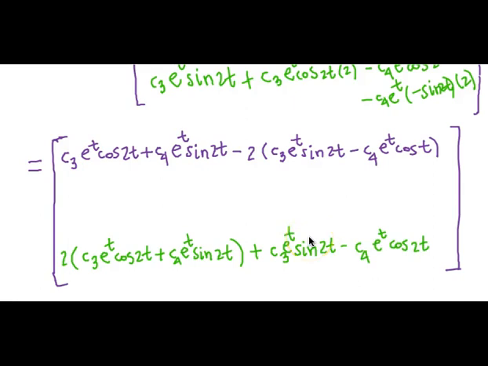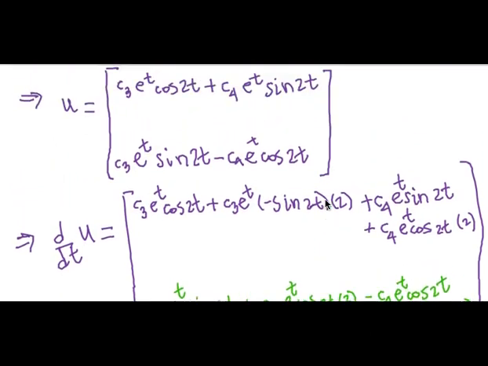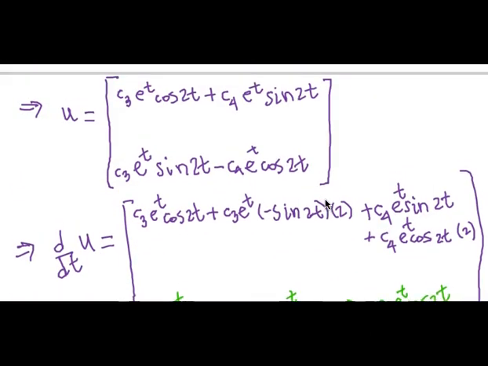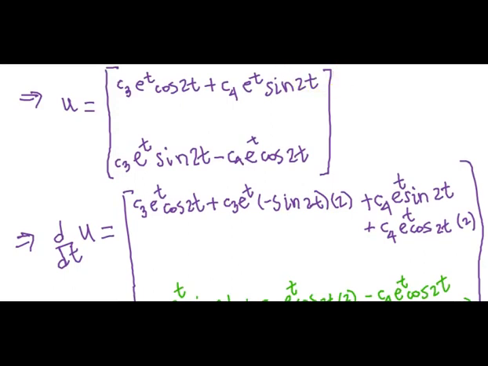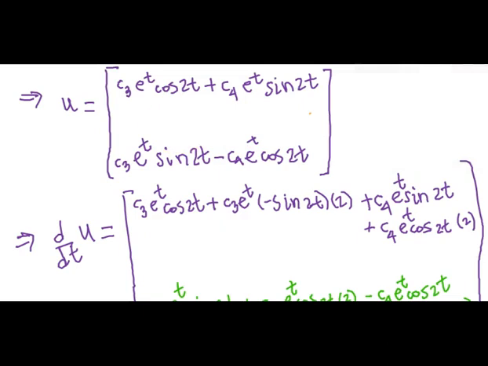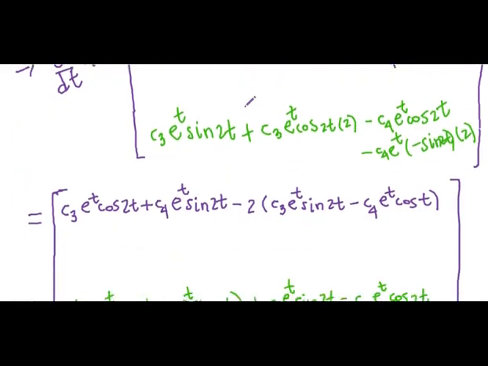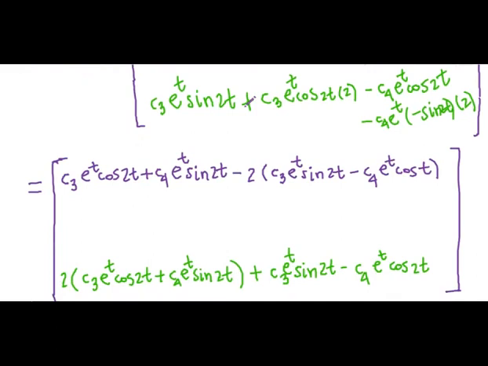So I'd like to point to your attention that they're rewritten in this form because of the way in which we had defined the solution u. So this first entry is what is going to be called u sub 1, and this second entry will be considered u sub 2. So we can now start noticing a pattern in which the derivative is written in terms of u1 and u2.